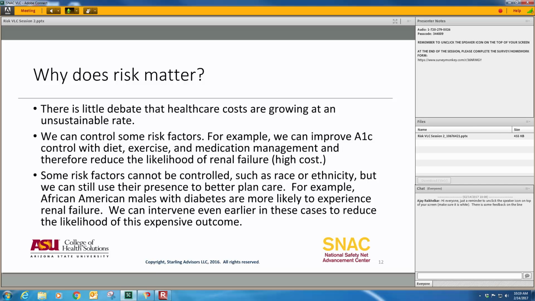There's a factor that you have to adjust by for African American males. So even though we cannot control that risk factor, the patient is born with that characteristic, we can use that information to, for example, intervene potentially earlier in certain cases, and therefore reduce the likelihood of an expensive and frankly non-positive experience outcome. Dialysis is not a good patient experience, nor is it a good cost outcome for the system.